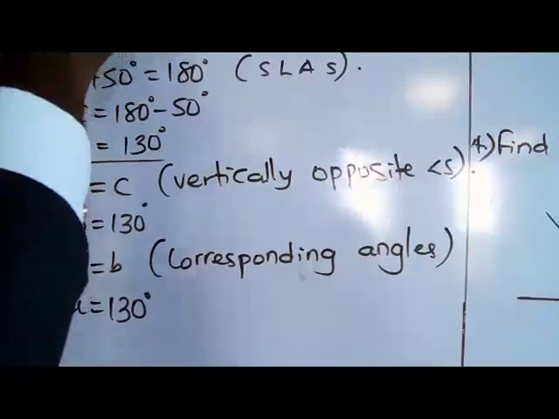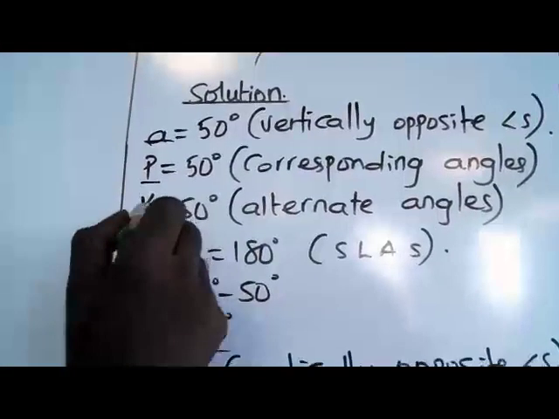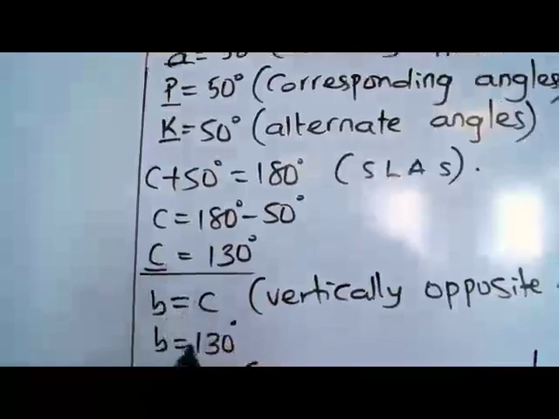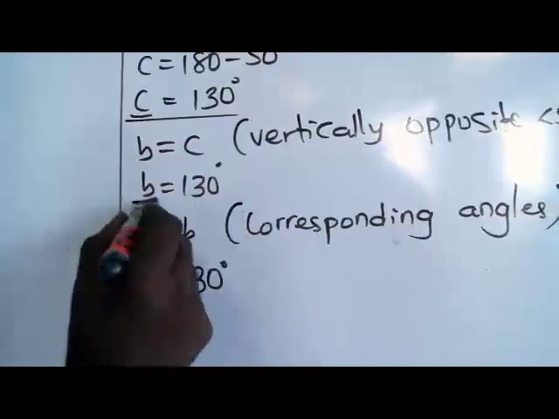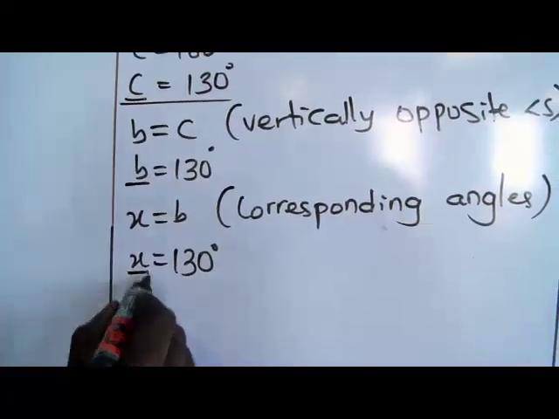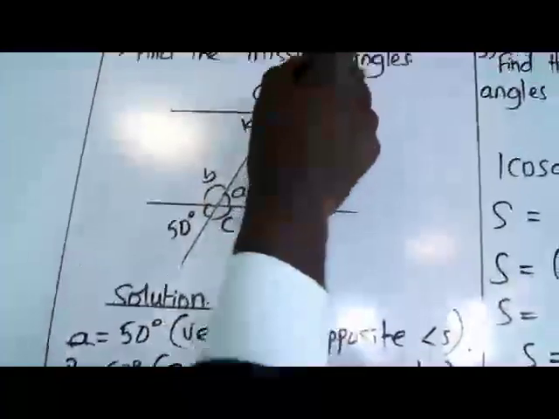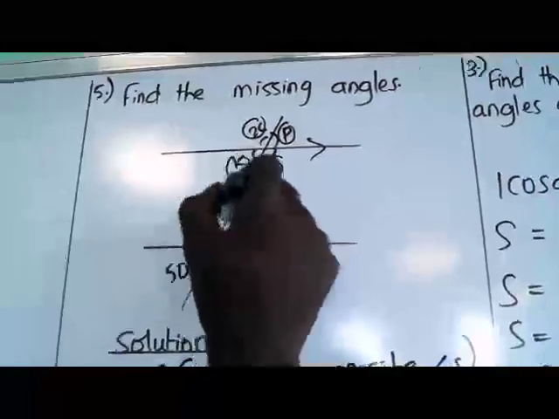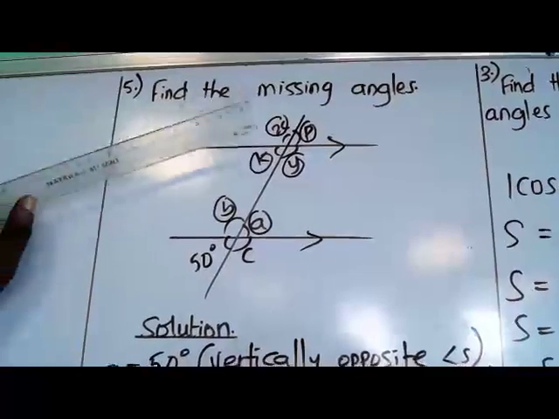So let me count out all the angles we found together. We have an A, right, 1. We have P, 2. We have this 3. And we have this 4. What else again? We have this 5. And then we have this 6. If we count everything together, we have 1, 2, 3, 4, 5, 6. So there's 1 that we are yet to find. Alright, let's solve that out.